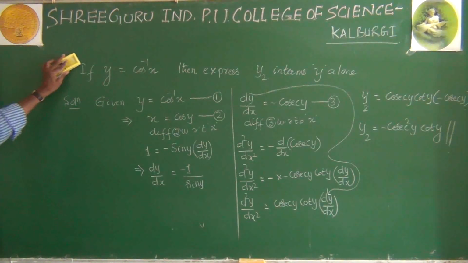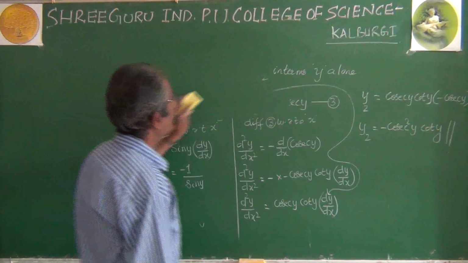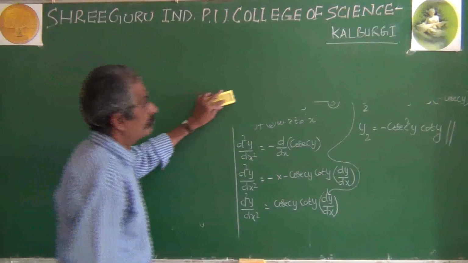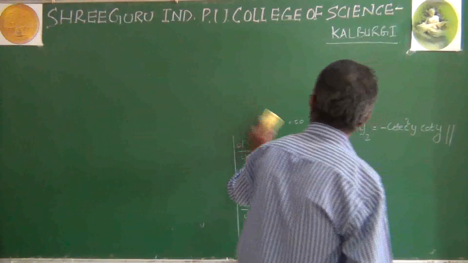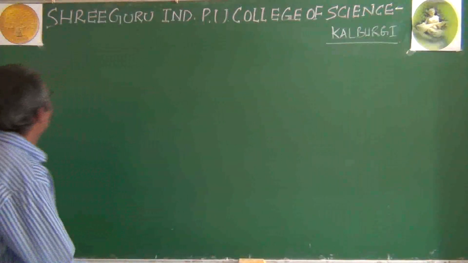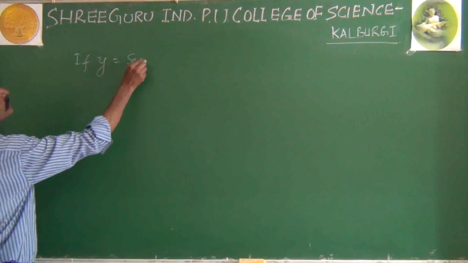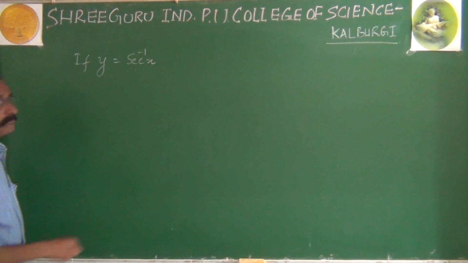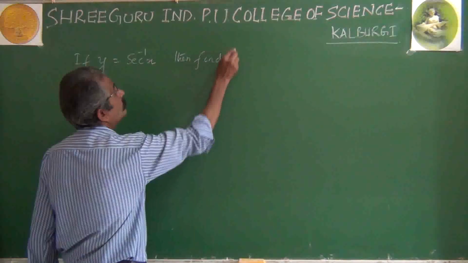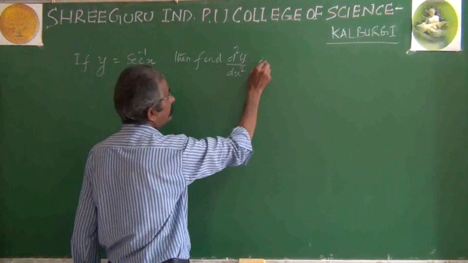Next question. If y equals secant inverse x, then find d2y by dx2 in terms of y.